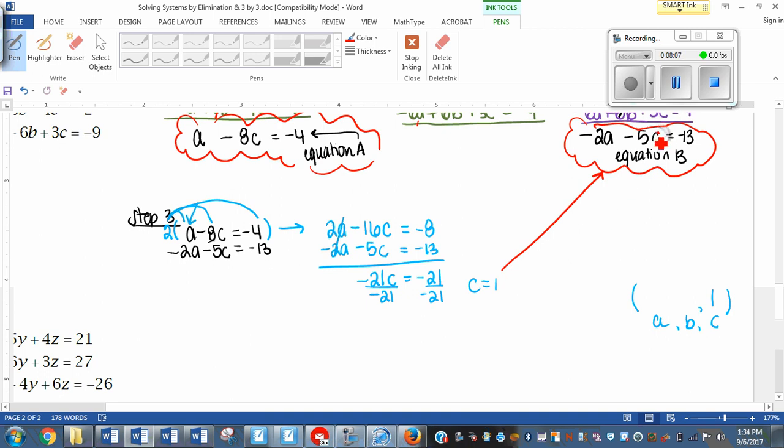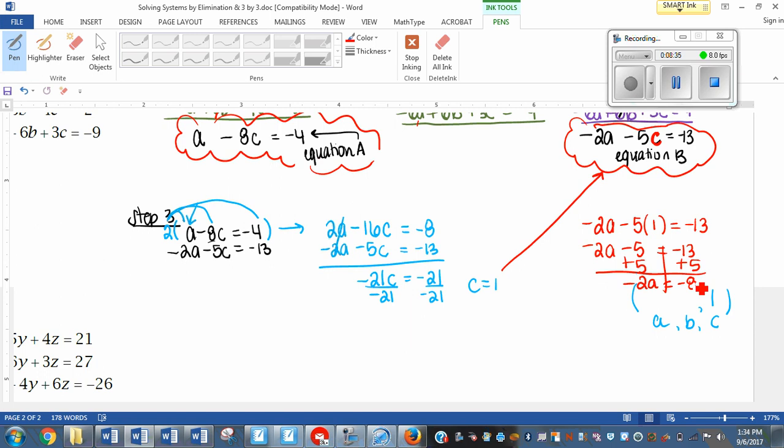So if I sub that in for letter C, variable C, I can now solve for A. And so when we divide by negative 2, we're going to get a value for A of positive 4.